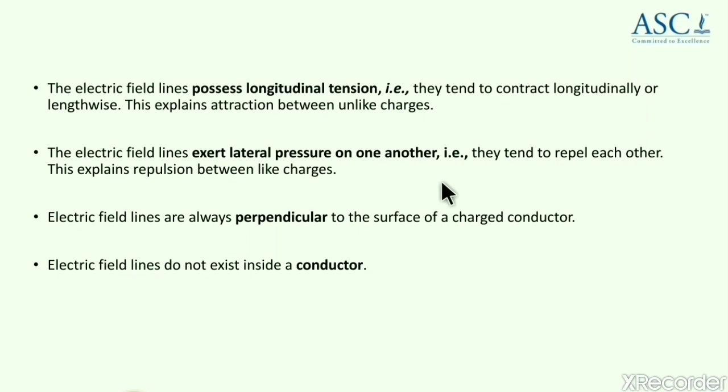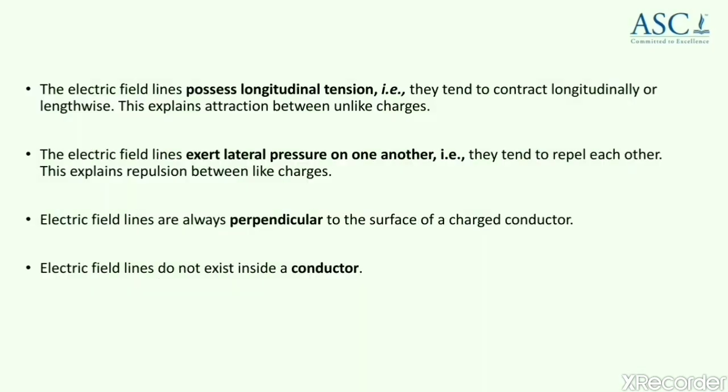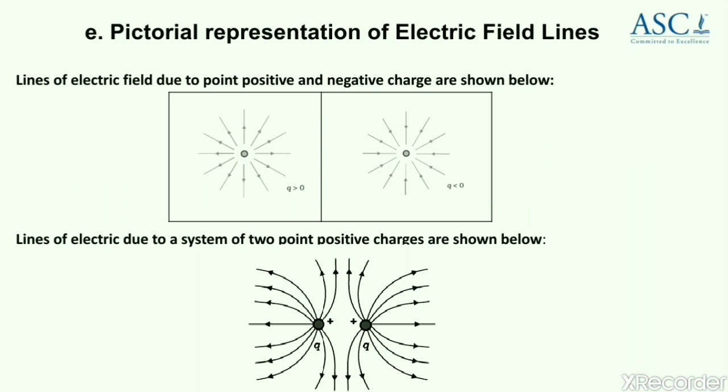I hope you have understood all the properties. Now the last topic is the pictorial representation of electric field lines. While explaining properties of field lines, I have tried to explain the pictorial representation. The first two diagrams are about a positive point charge and a negative point charge.